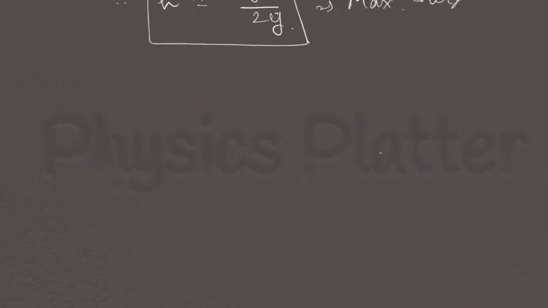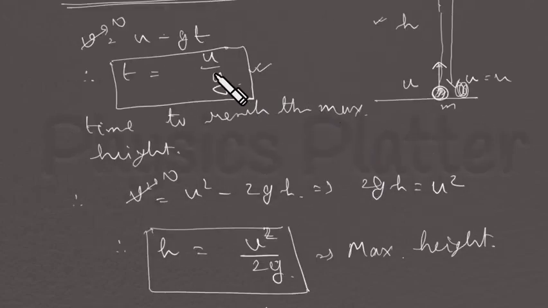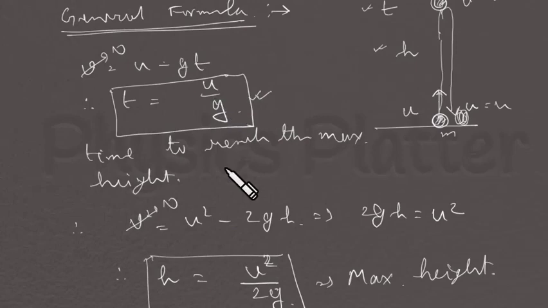That means the time of flight, capital T, is given as 2 into the time taken by the body to reach the maximum height, which is T equals 2 into u by g.